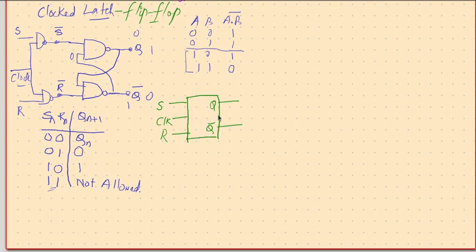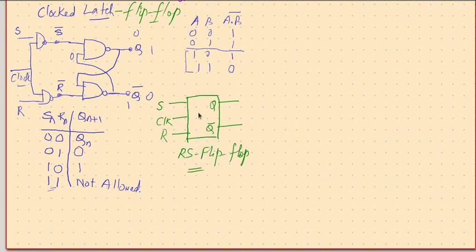So that's the block diagram representation of SR flip flop or RS flip flop, whatever you feel comfortable with. You can call it SR flip flop or RS flip flop. So that's RS flip flop.